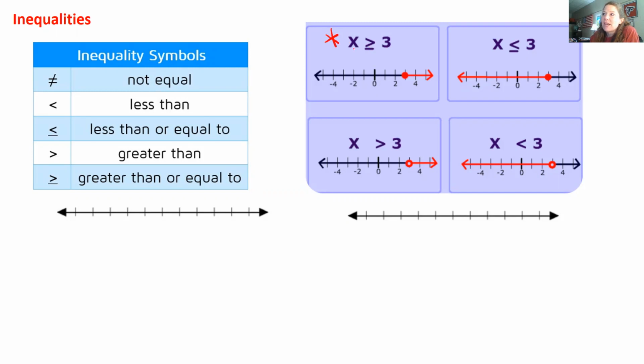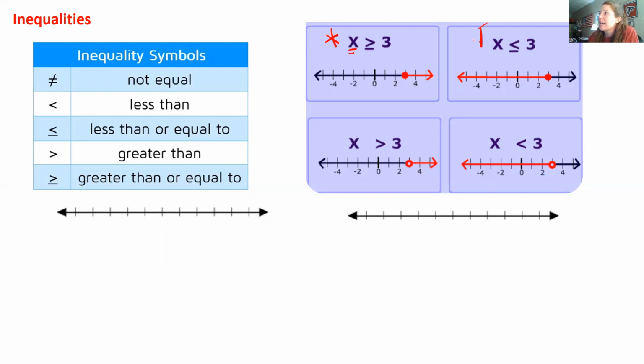So that means we have an unknown number, and that unknown number is either greater than 3, which means it could be 4 or 5 or 6 or 6.5 or 7 1/4, or because there's a line here, it could be 3. So we go to 3 on a number line, we fill in the circle because x could be 3, or it could be any number to the right of 3 on a number line.